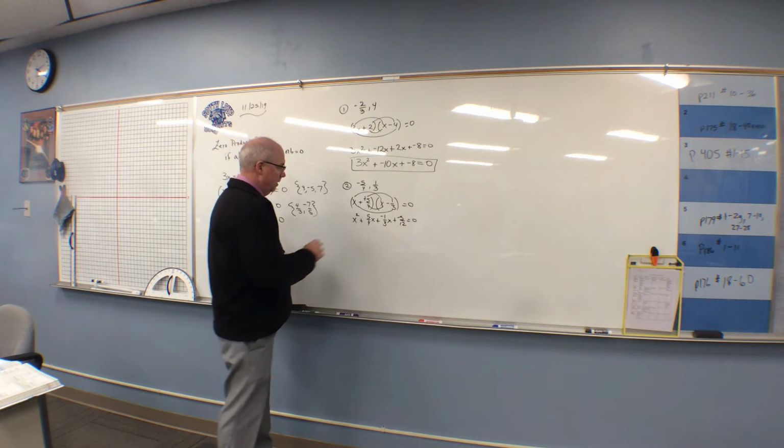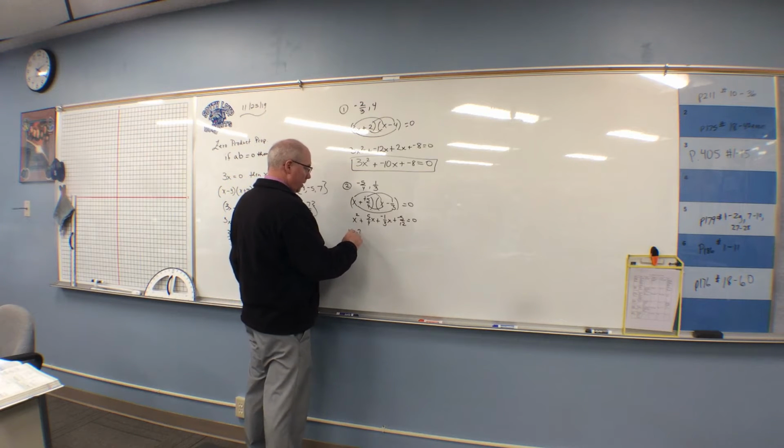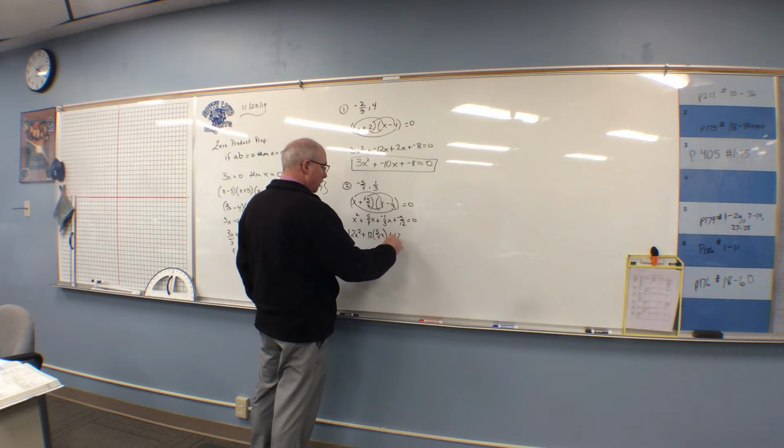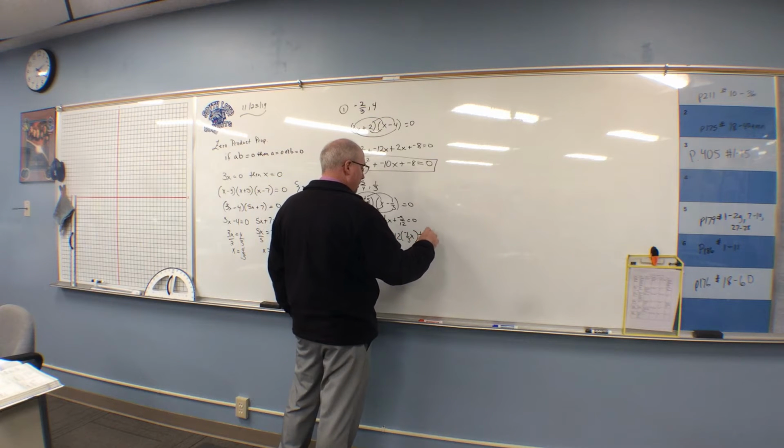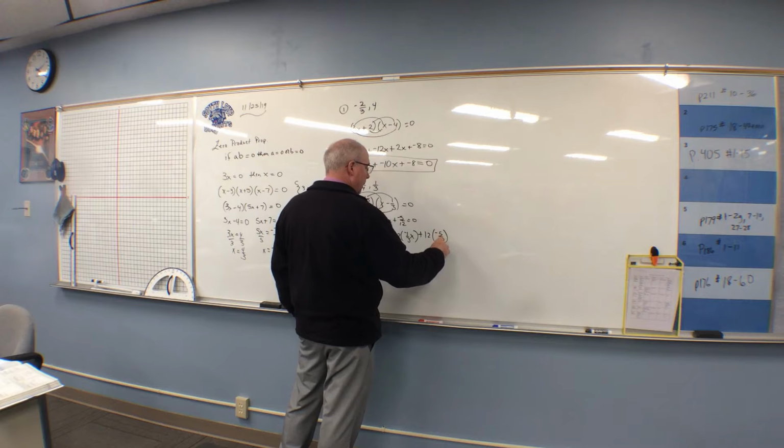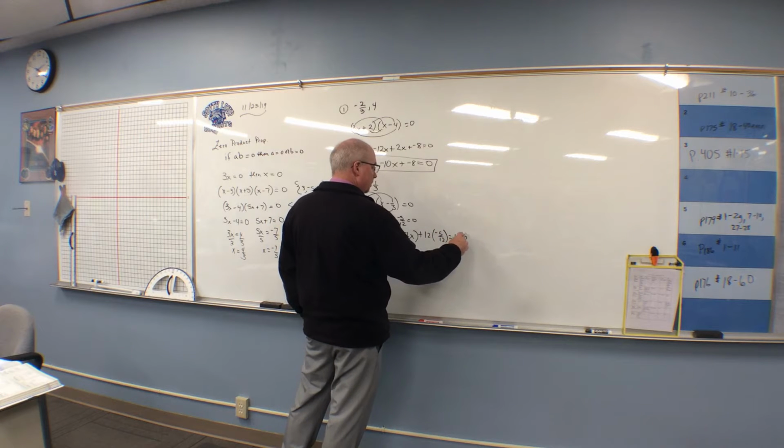What happens is, this is 12x squared. And then I take 12 times 5/4 x plus 12 times negative 1/3 x plus 12 times a negative 5/12 and then 12 times 0.